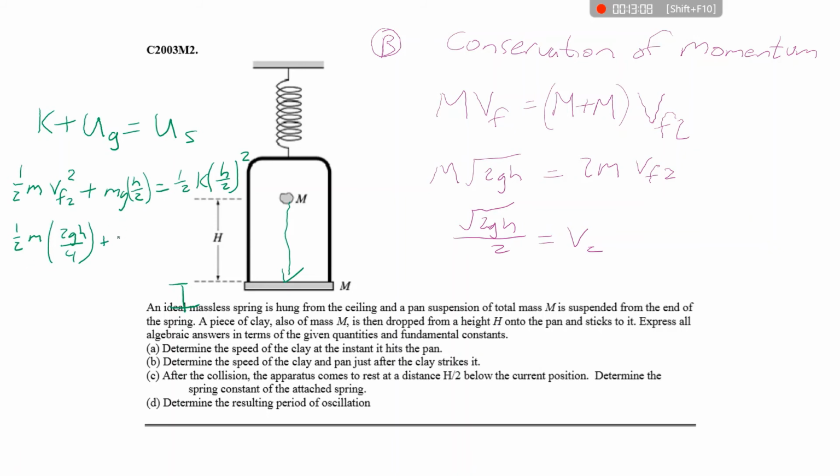Plus mgh over 2 is equal to kh squared over 8. Oops, forgot that one half on the outside.